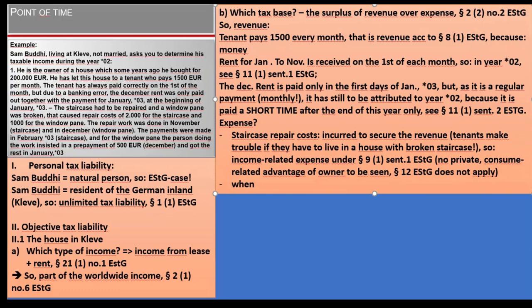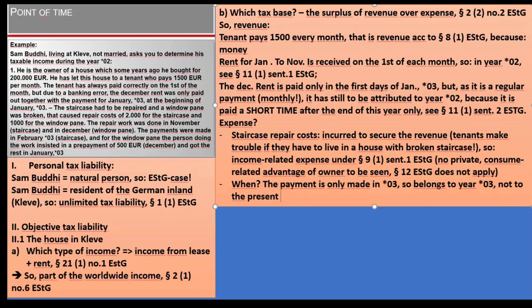Now, when are the staircase repair costs to be offset from the tax base? The payment is only made in 03, so it belongs to year 03, not to the present year. See, 11.2, was it 11.2 sentence 1 ESTG?